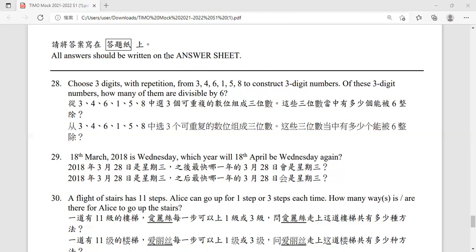So you make all these combos first: 1, 3, 8. 1, 5, 6. 1, 6, 8. 3, 4, 5.